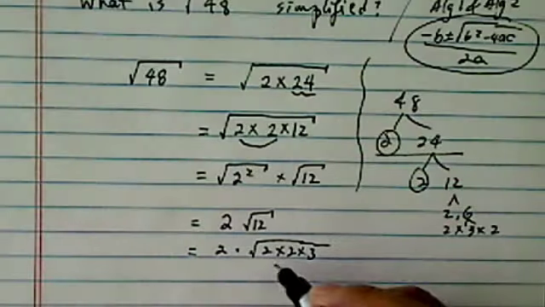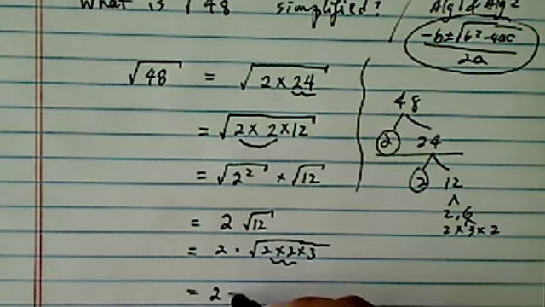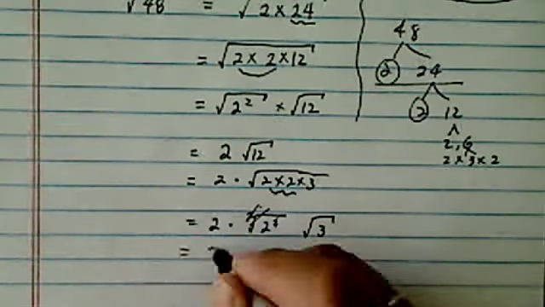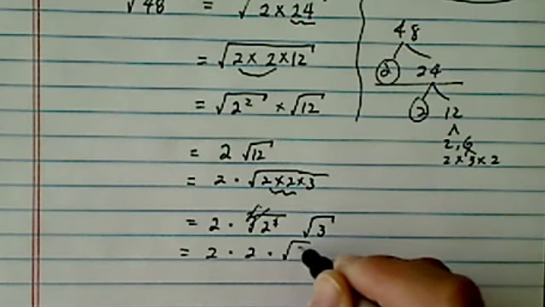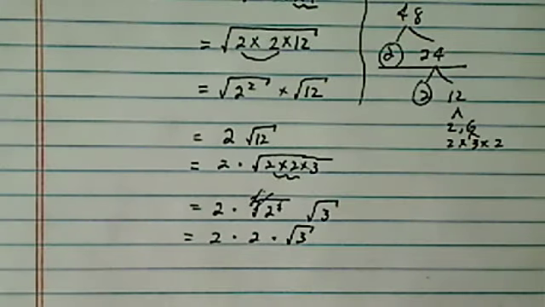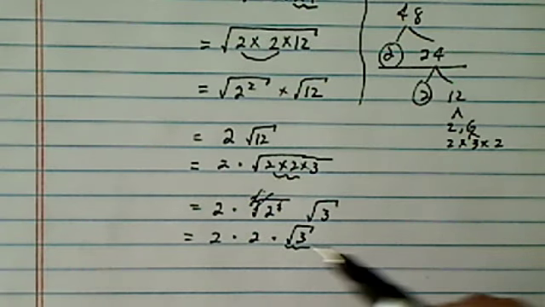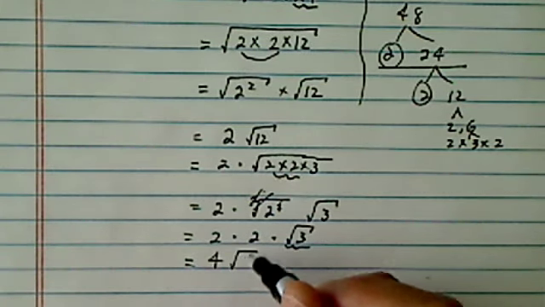Again, I have a square here, so I'm going to keep this 2, and only one of them comes out of that 2 squared times 3. Basically, when it's a radical, the index is 2, so we're taking a square root. This one opens the house, what I call opening the house. So it's equal to 2 times 2 times radical 3. There's nothing we can do about a radical 3, so the answer is 4 radical 3.